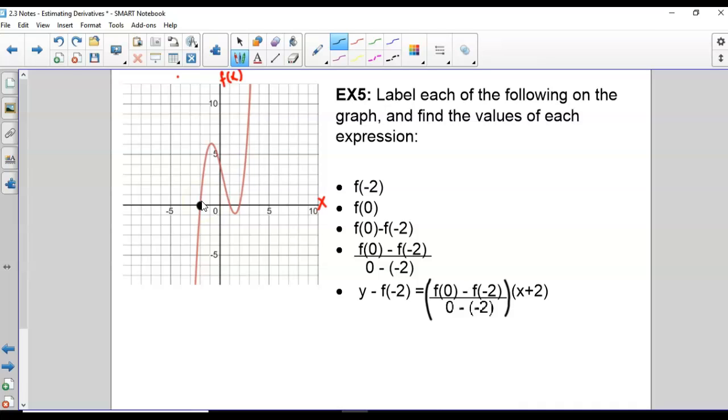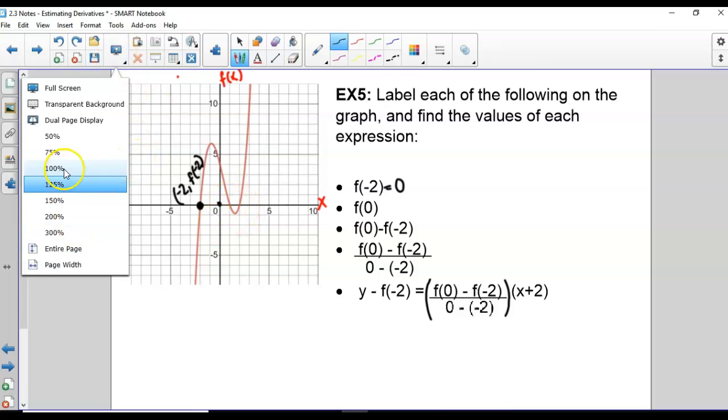That is the point there, but it is the point negative 2, f of negative 2. So that f of negative 2 is 0 in this case. That's the y coordinate. So if we were going to label, it's kind of hard to label here, and also, let's see if I make it a little bit bigger.